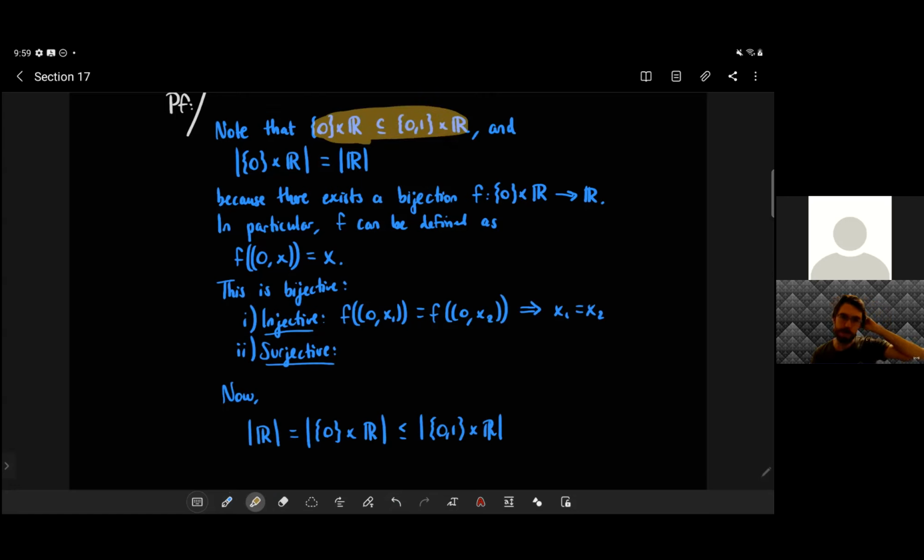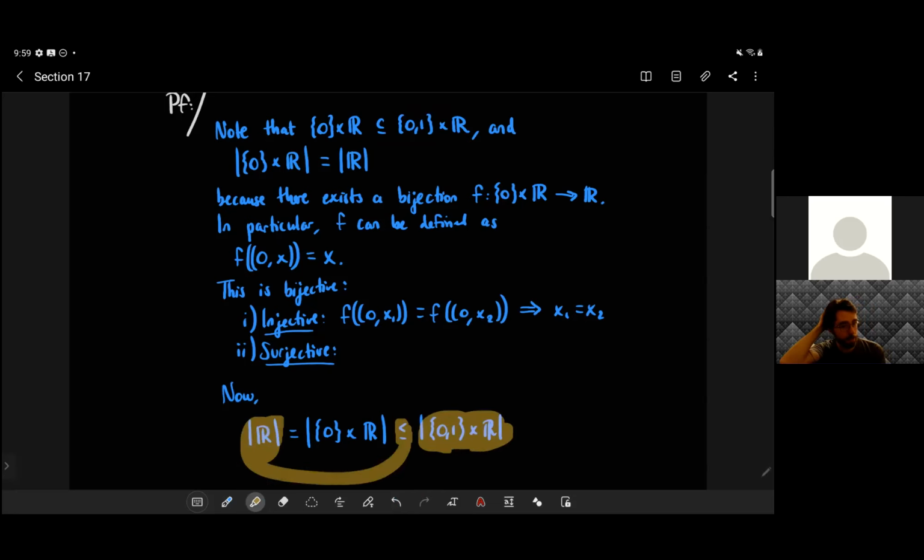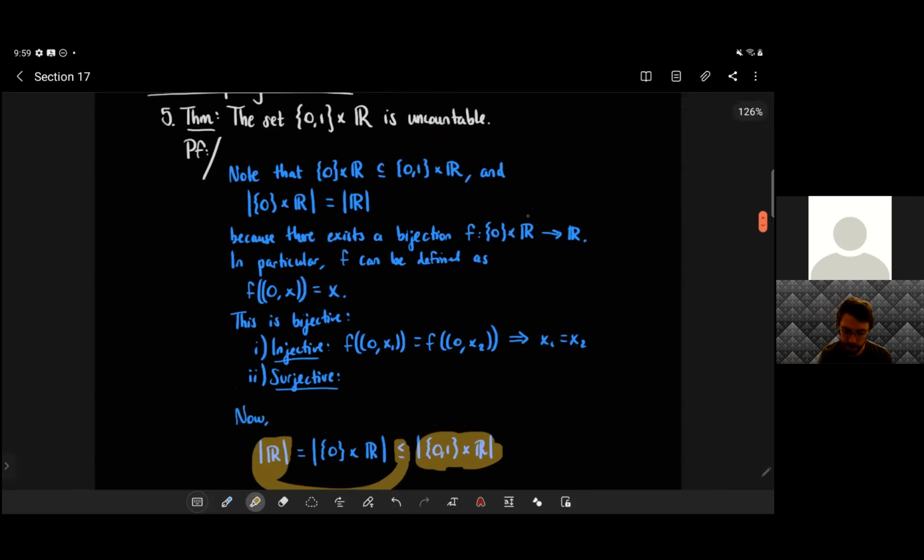Since one is a subset of the other, there's an injection from {0} cross R to (0, 1) cross R. If there's an injection, it means that their cardinalities have this nice inequality between them. And there you go, that's all you need, right? This is saying the cardinality of the set we're talking about is bigger than the cardinality of R, which is exactly the same as saying it's uncountable.